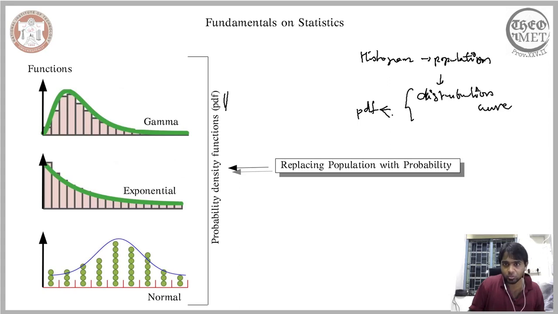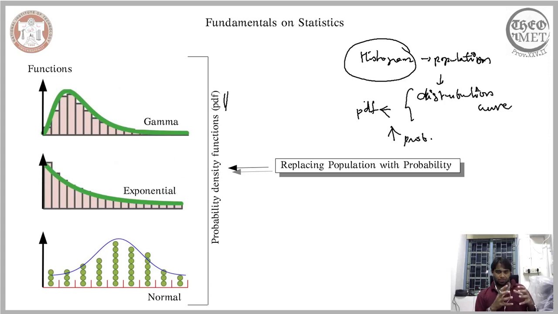This distribution curve was translated to the PDF by calculating the probability again from the histogram. So when you are able to replace the population with the probability, the function that you end up with is what we refer to as the probability density function.